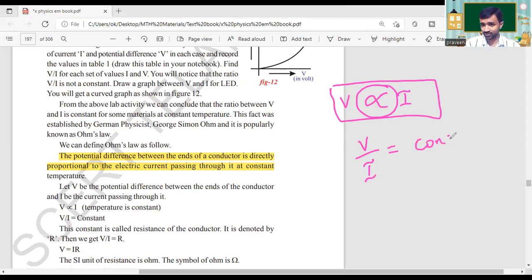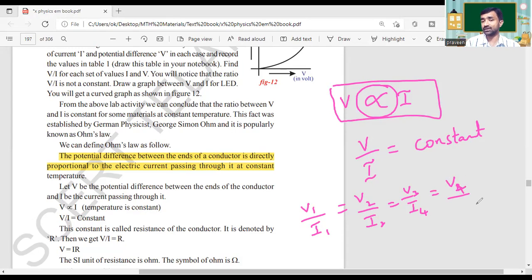The ratio between voltage and current gives a constant, that is V1 by I1, V2 by I2, V3 by I3, for any values, since they increase in the same proportion.